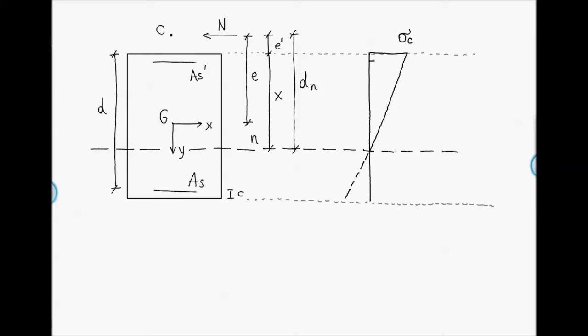We highlight the values of the stresses in correspondence of the steel reinforcements. So we have sigma s prime over n for the compressed reinforcement and sigma s over n for the tensile reinforcement. Below the neutral axis, the stress in concrete is represented by a dashed line, since we are considering the concrete not resisting to tensile forces.